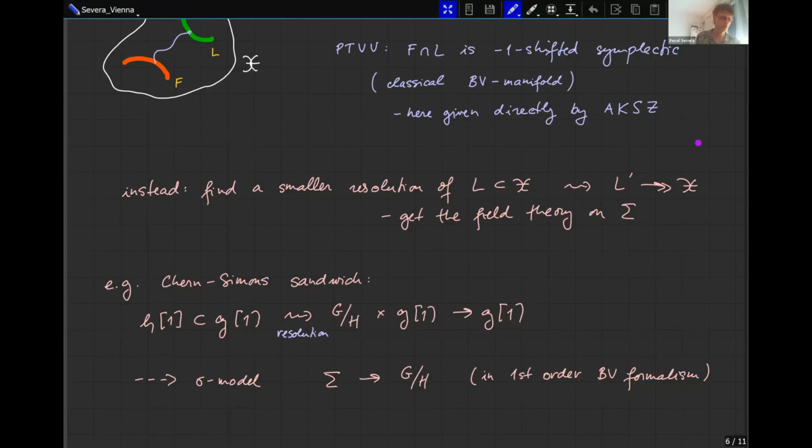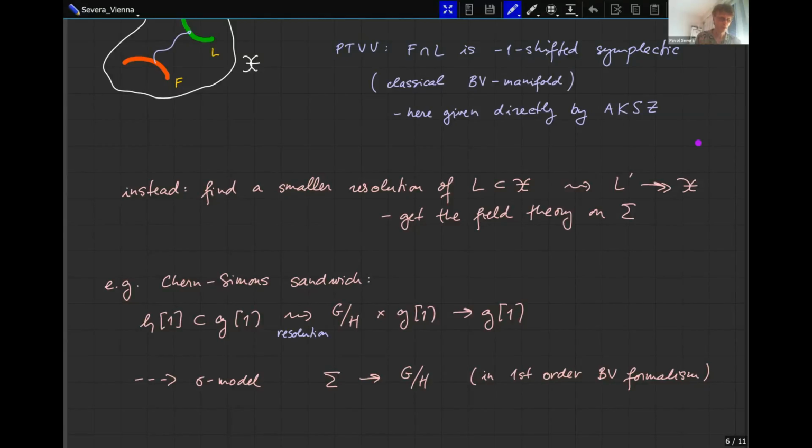It worked perfectly well for this Poisson-Lie T-duality. But then maybe my collaborators would know, I don't quite know how to make it fit well with this BV formalism. Because then, in integrating out things, one should also choose a Lagrangian sub-thing over which one integrates. And yes, I had some memory that we got a bit lost in that.